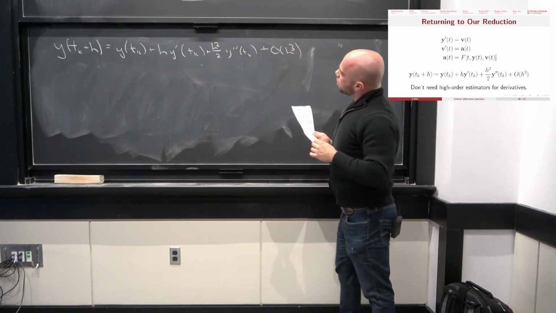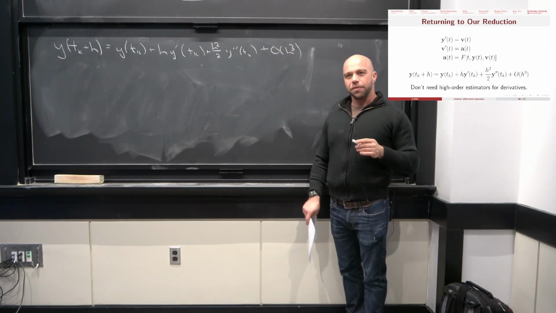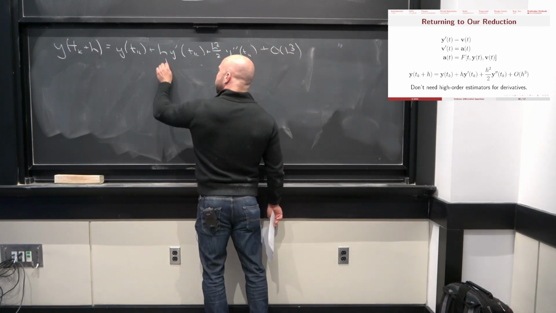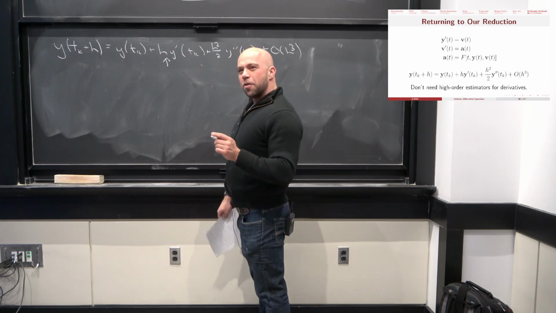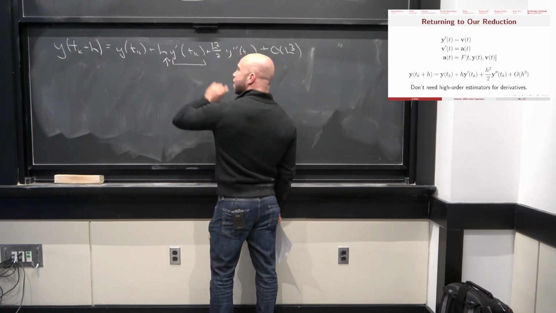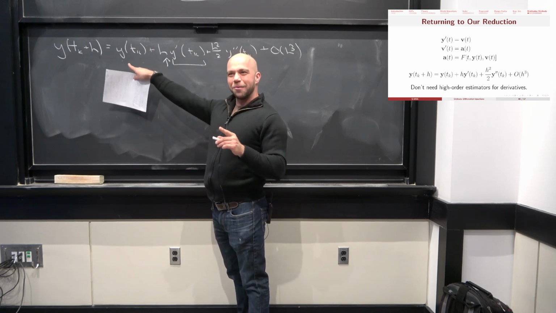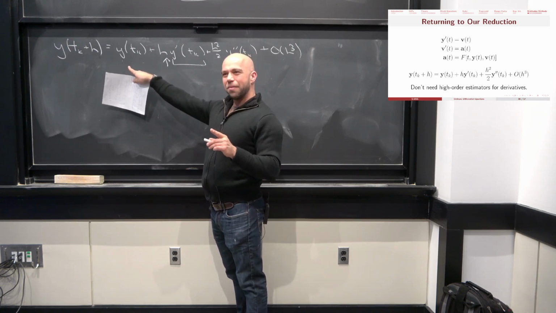One thing you might have noticed that went by a little bit fast in our derivation of the trapezoidal integrator is that there's a factor of h here, right? Which means that if we only approximate this guy to first order, then we get a second order approximation of y. You see that? Because it's multiplied by an h.